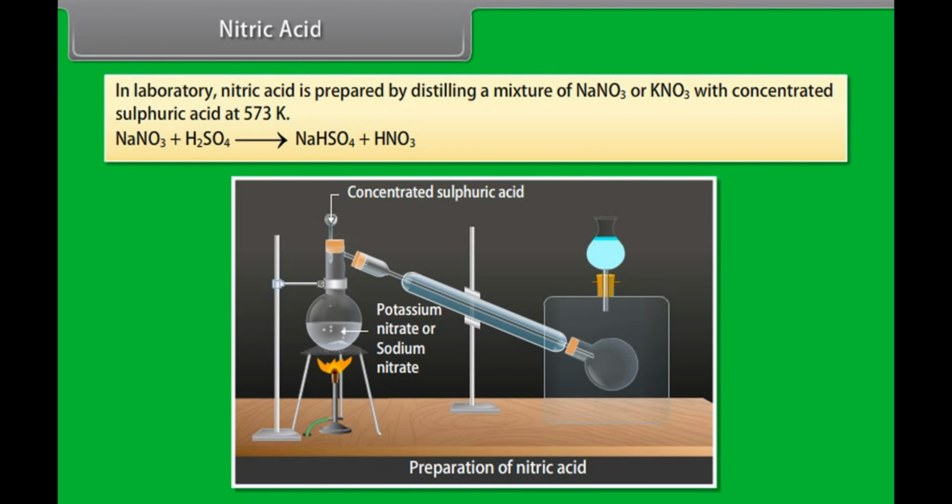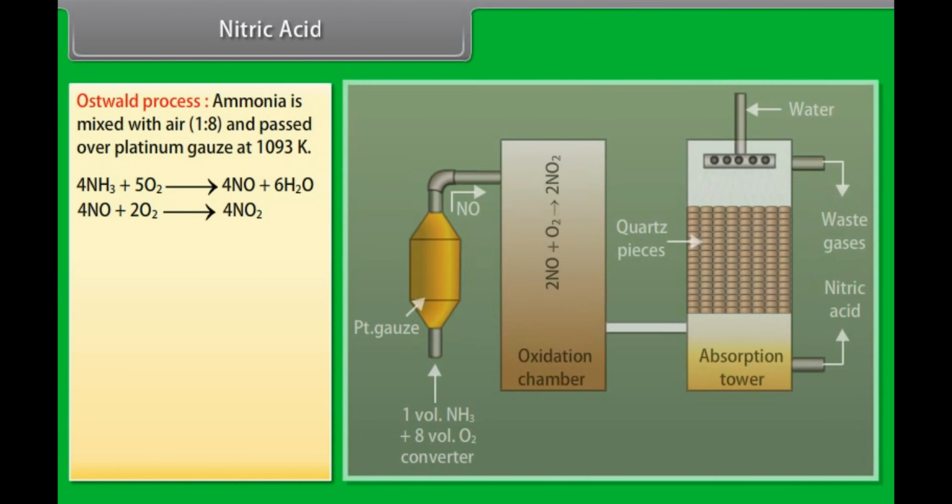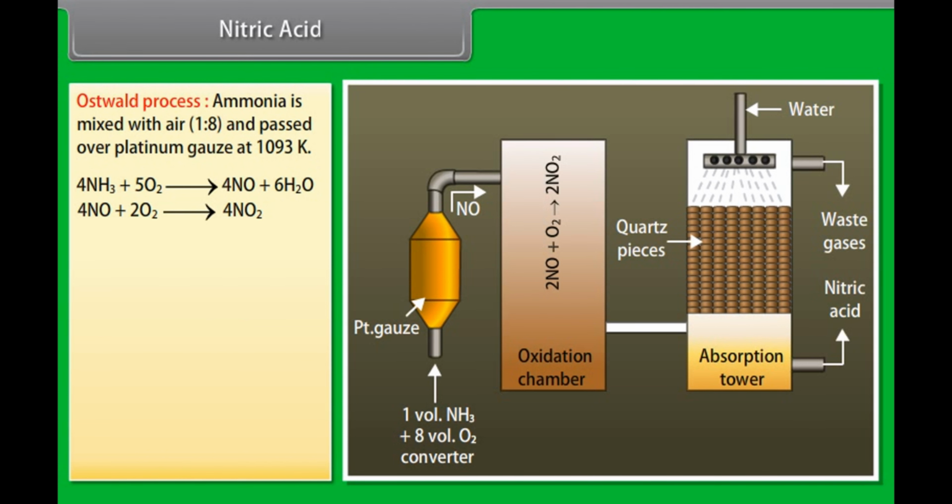Nitric acid. In laboratory, nitric acid is prepared by distilling a mixture of NaNO3 or KNO3 with concentrated sulfuric acid at 573 Kelvin. Ostwald process. Ammonia is mixed with air in 1:8 and passed over platinum gauze at 1093 Kelvin.